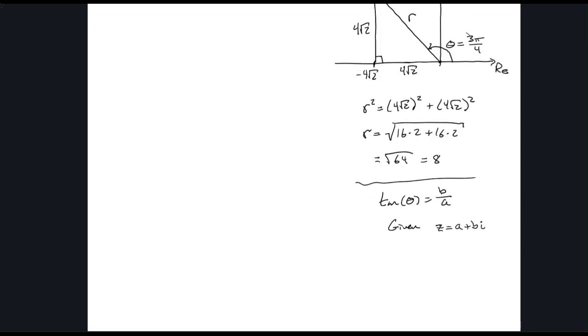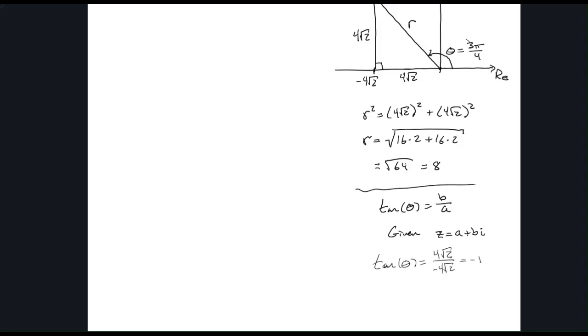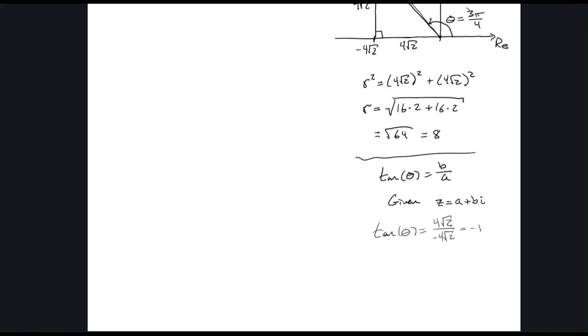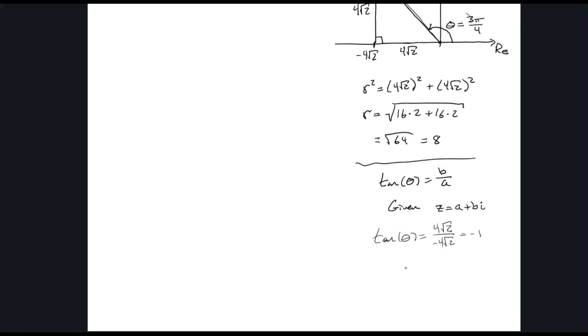Let me actually continue on that for just a second. For this problem, tangent of theta is equal to b, which is 4 root 2, over a, which is negative 4 root 2, and those reduce to negative 1. That negative 1 is actually the slope of the line that we drew from our complex point to the origin.